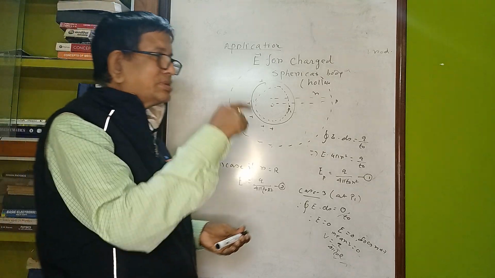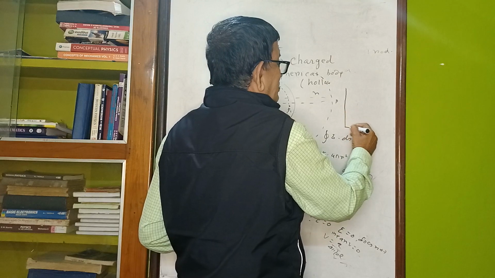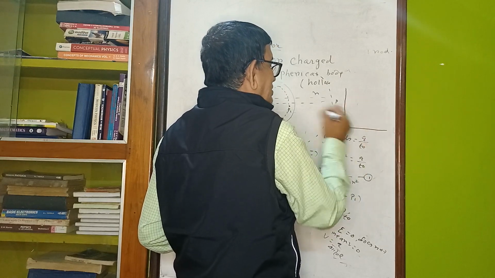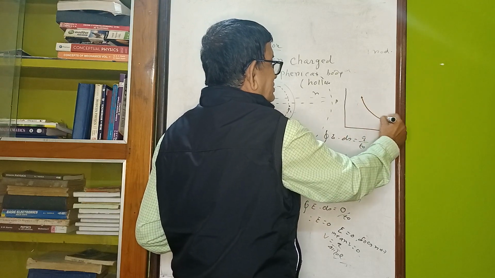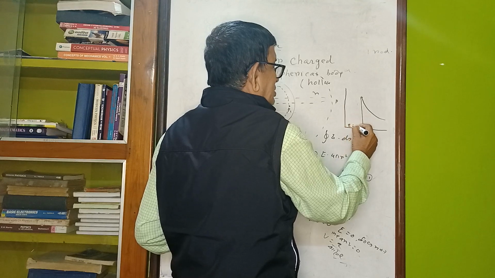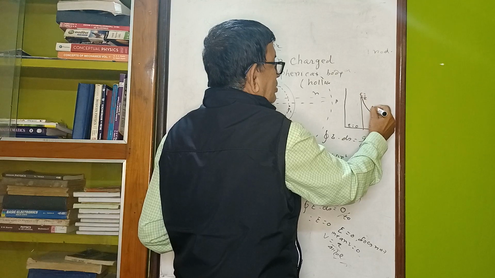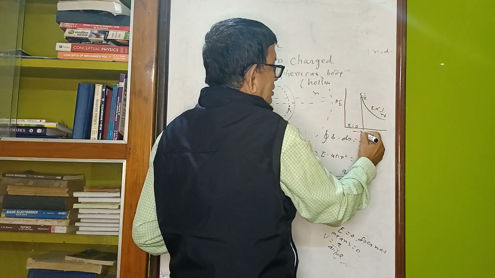Graphical representation: it is 0 up to R, then E maximum, then E proportional to 1 by R square. This is the graph of E versus R.